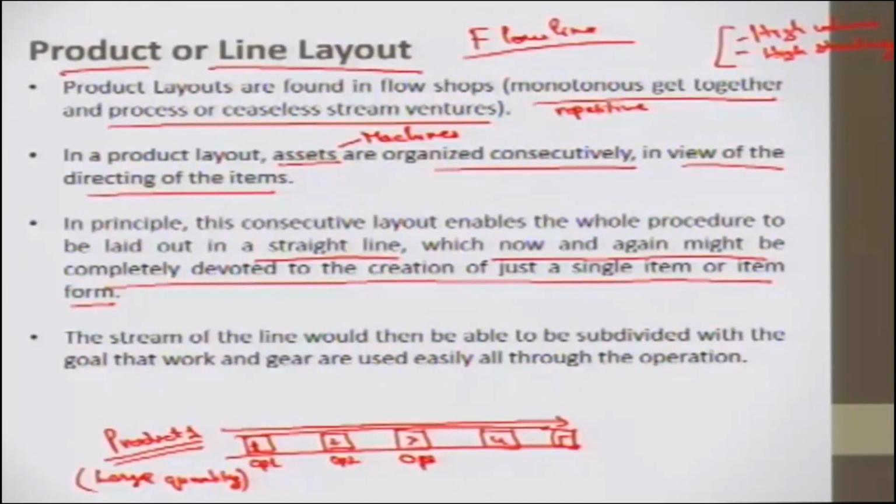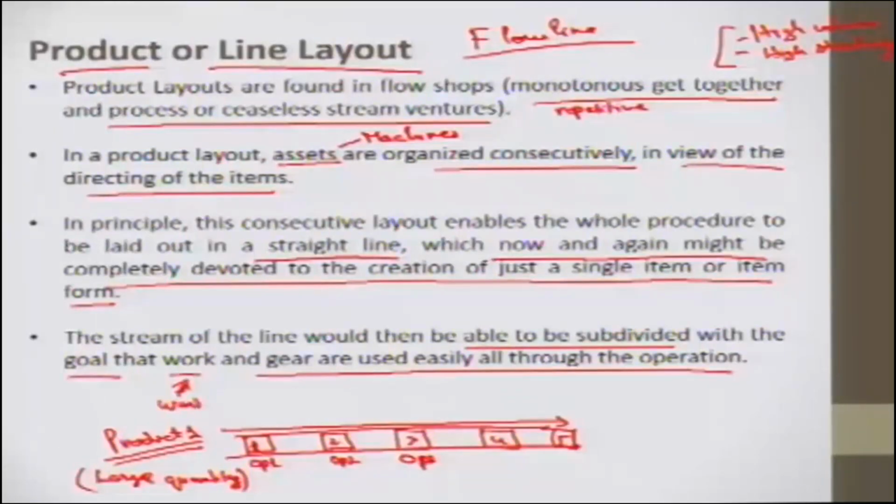The stream of line would then be able to be subdivided so that work and gear are used easily all through the operation. So here work and gear means the workers and equipment or machines.